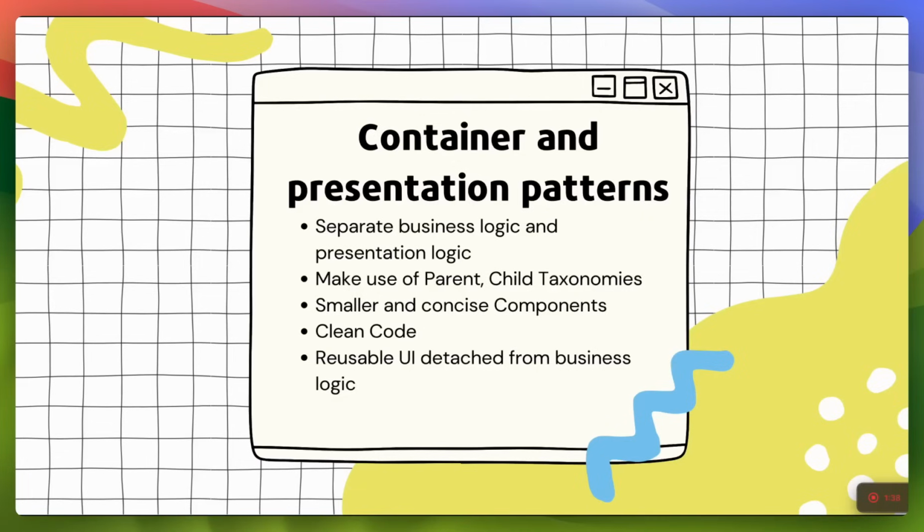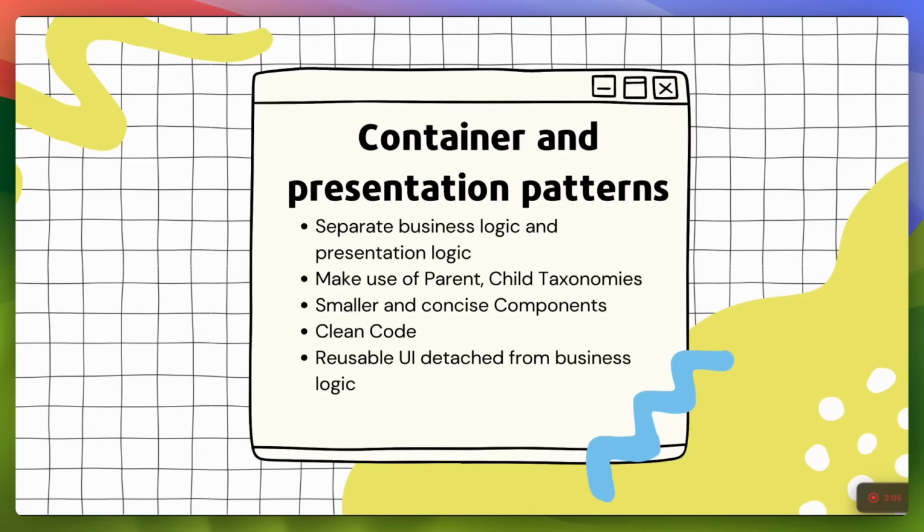The first design pattern in React is called the container and presentation pattern. What this pattern aims is to separate the business logic of a component from the UI logic into two different components. In this design pattern, you create a parent component and a child component.